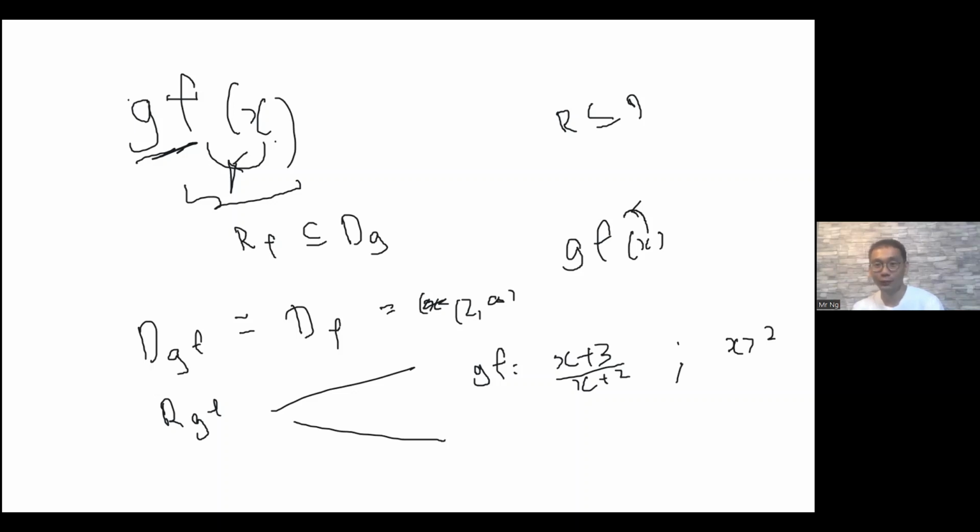So if you want to know the shape of this, go back to your standard graph. Make sure you watch that video before you watch this. You're going to know how to draw this graph. If you know how to draw this graph, then you take this range onwards, x is more than 2. You've got to know the range of the y value, and that will give you the range of gf.